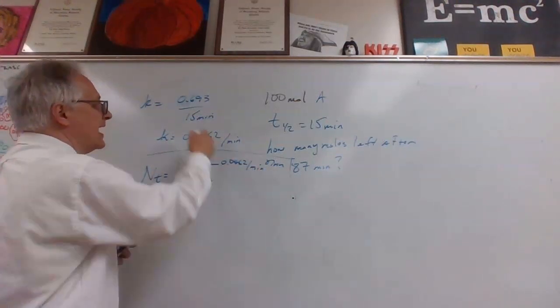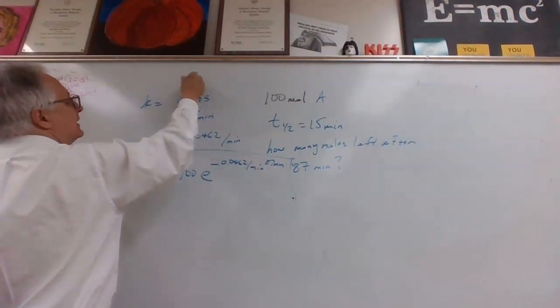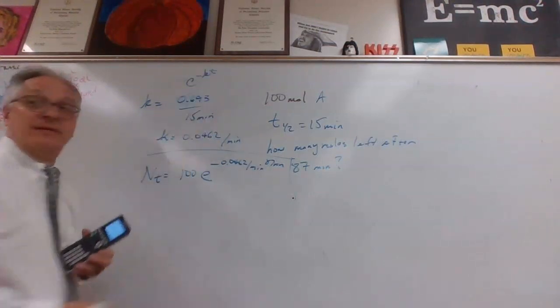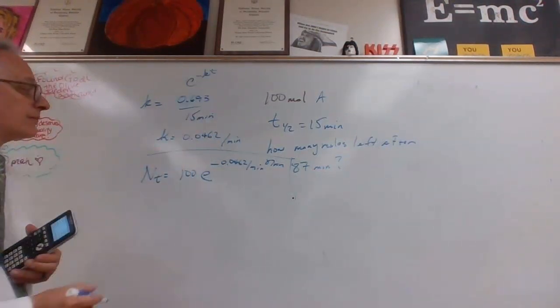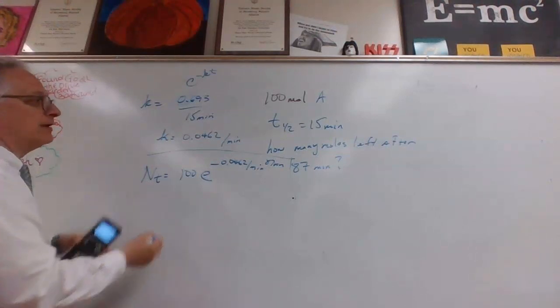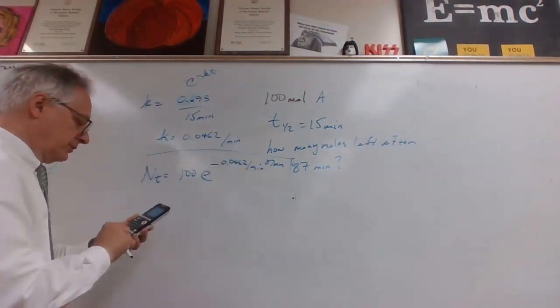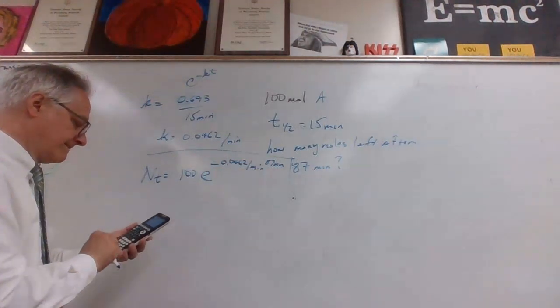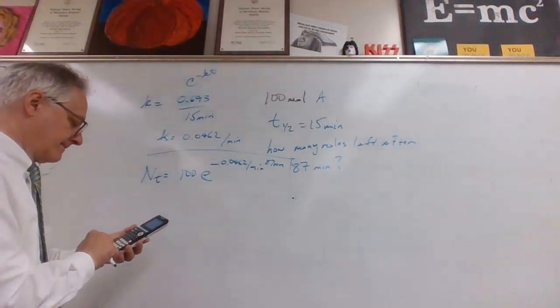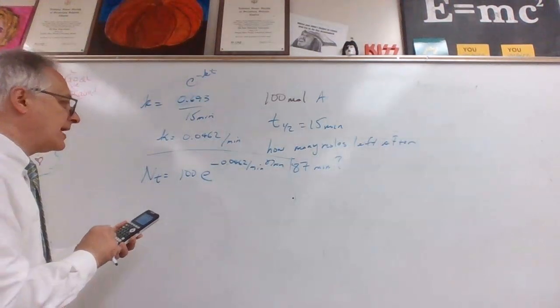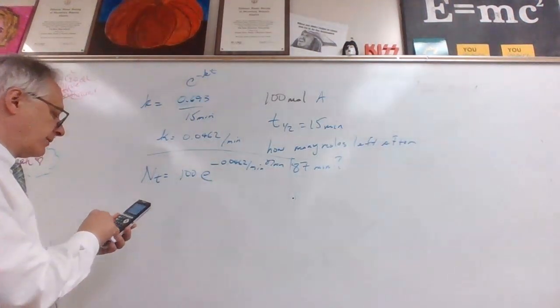Yep, because it's k times t, e to the negative k times t. Yep, that's okay. So let's go ahead and do that. We'll multiply through times 87, and I'm going to raise e to that power.